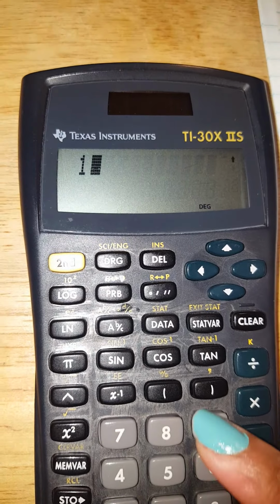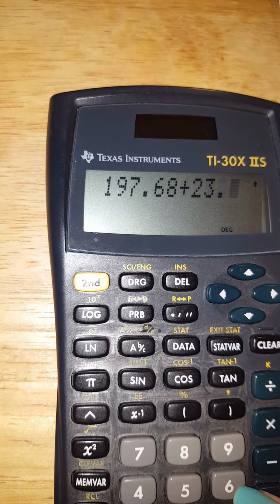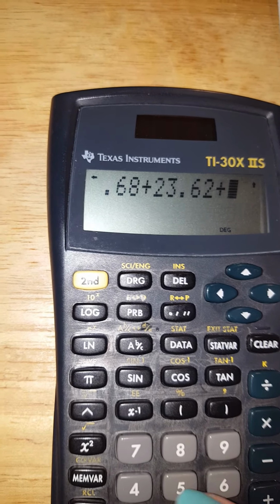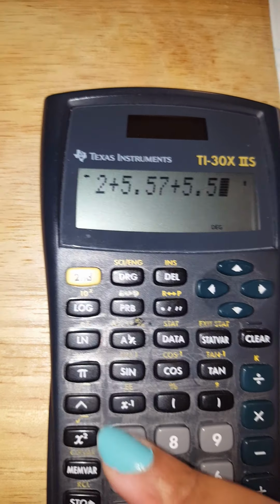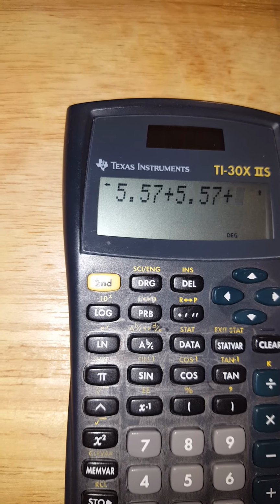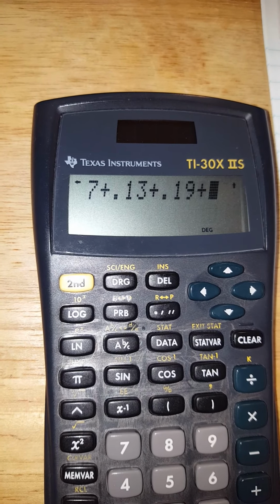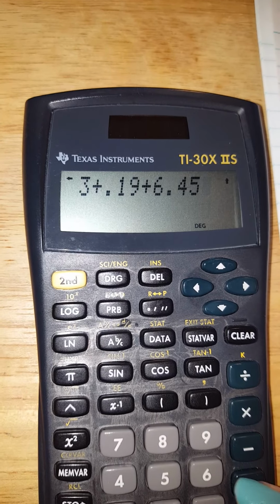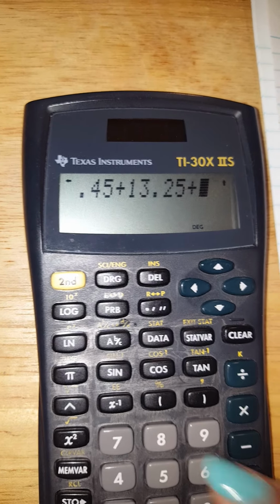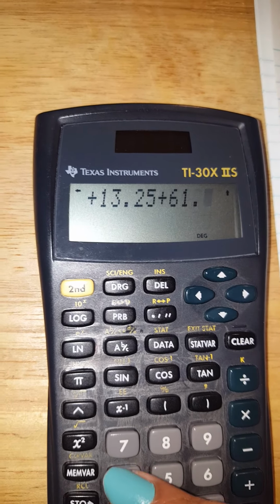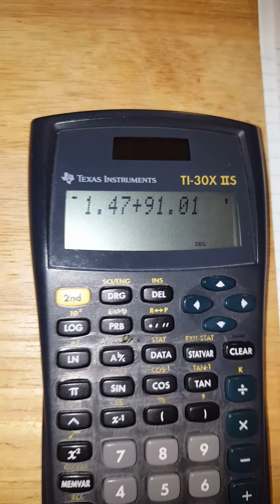We have 197.68 plus 23.62 plus 5.57 plus 5.57 again, plus 0.13 plus 0.19 plus 6.45 plus 13.25 plus 61.47 plus 91.00.